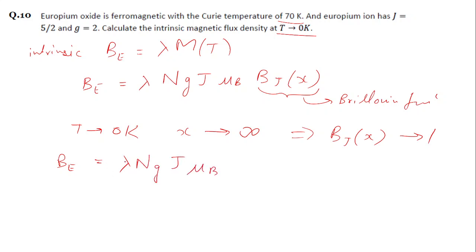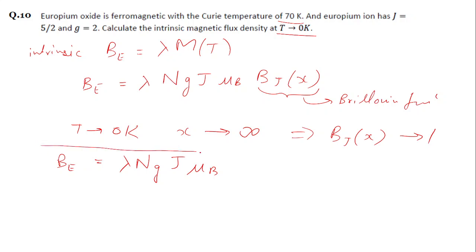Okay, now we need to substitute these to find this out. J is given, g is given, the Bohr magneton value we know, lambda we don't know. But we have been given Tc, so we can use another formula.